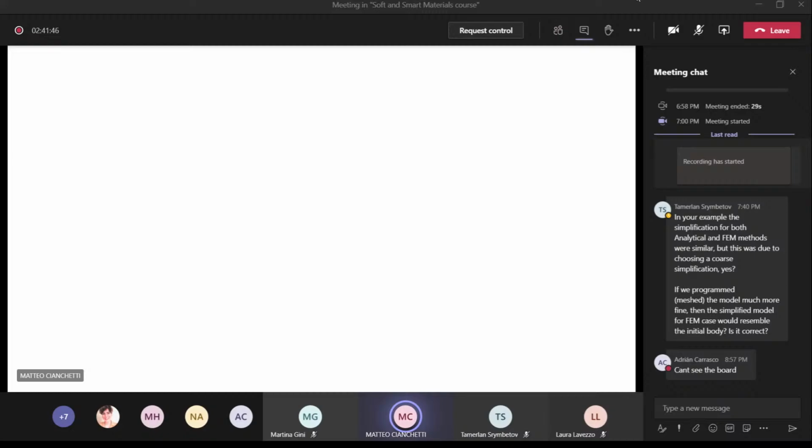Okay, so let's start with a very quick review of what we said so far about the finite element method process. So first of all, what we need to do is to set the model and the elements. Okay, nothing new. It's just what we did all the times that we made an example. We started with setting our model and divided it into elements.